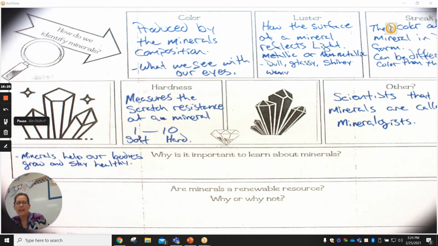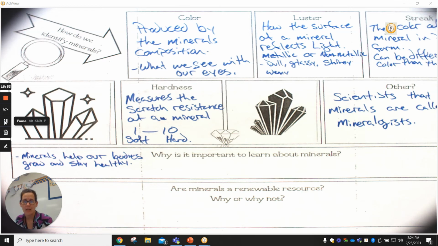Okay, so next on our list would be how minerals affect our economy. Minerals are really, really important to our economy. I don't know if you've ever heard of people mining stuff. Well, they mine minerals, and I don't know if y'all remember the video that we watched on Vocab Day, the most expensive minerals, or something along those lines.